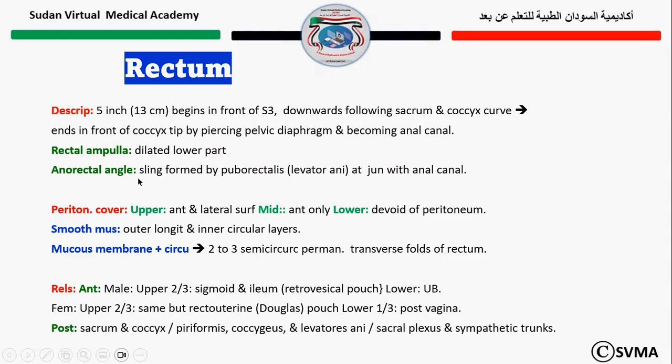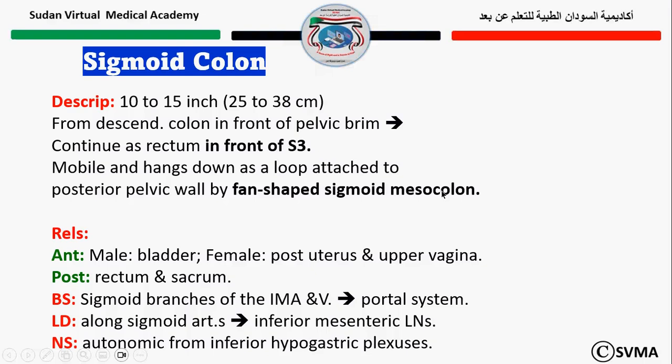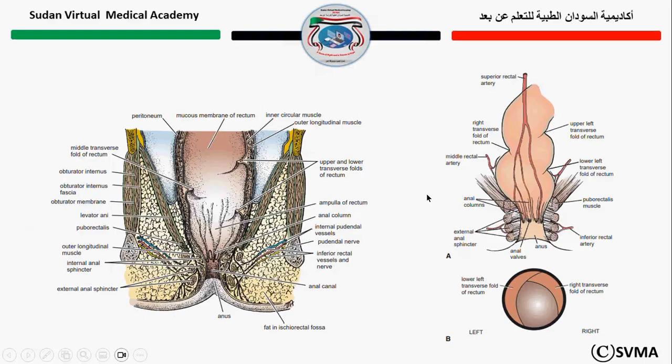The anorectal angle is very important. It was also one of the questions in the quiz. It is a sling formed by puborectalis. If you remember from the pelvic wall anatomy, puborectalis is one of the portions of the levator ani muscle, and it forms a sling around the rectum at the junction with the anal canal. This helps as the sphincter for the rectum.